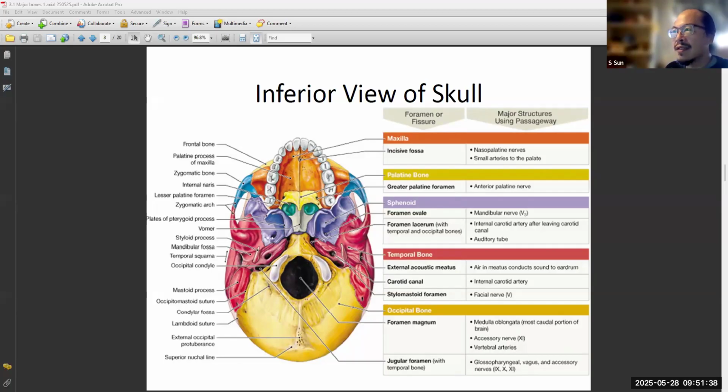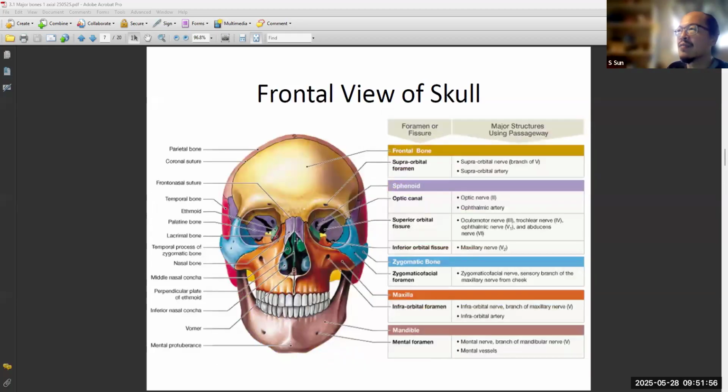Here you can also see the beautiful sphenoid right here, like a butterfly shape. Here you don't get to see ethmoid because ethmoid is above that. This is ethmoid right here. But what we are seeing is in this level.